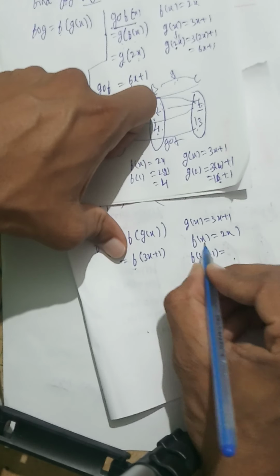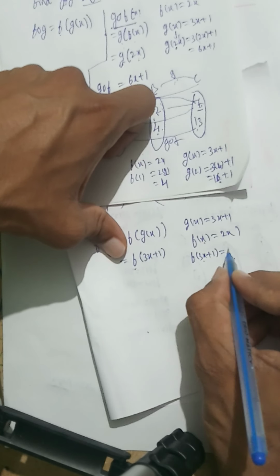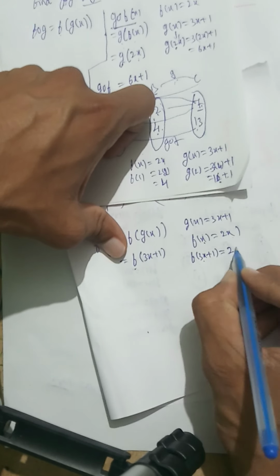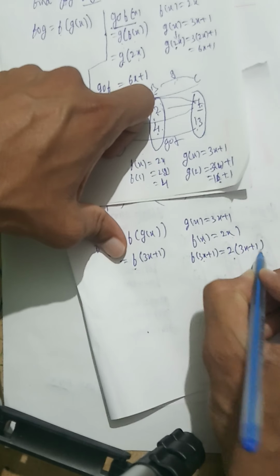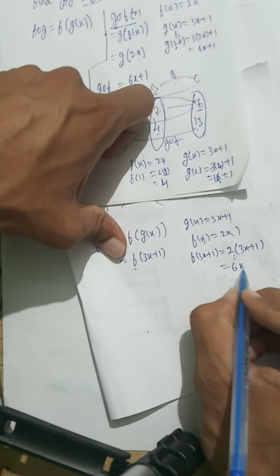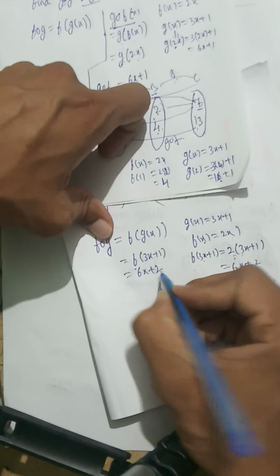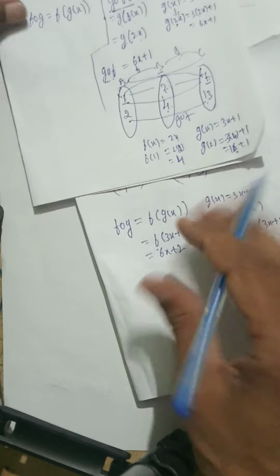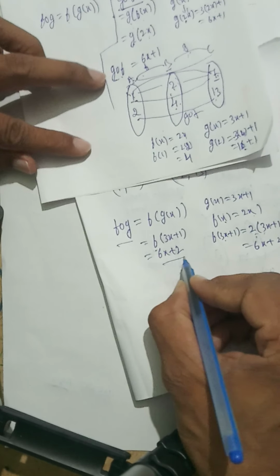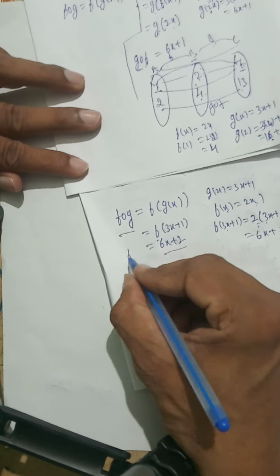In the place of x I am going to substitute 3x plus 1. So 2 into 3x plus 1, 3 2s are 6x plus 2. I am getting 6x plus 2. So 6x plus 2 is the fog function.